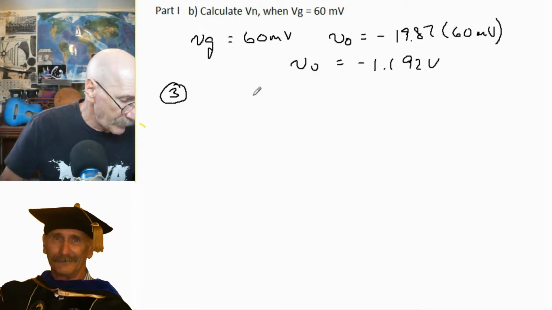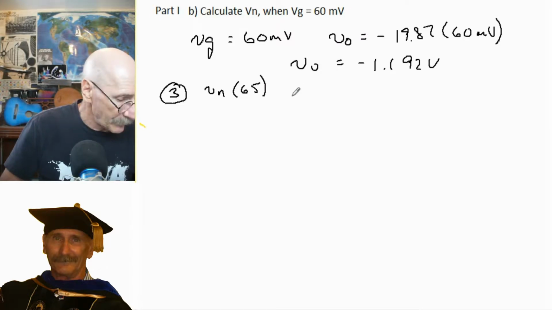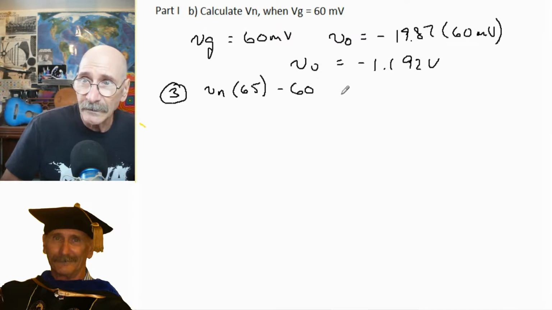We just, equation 3, which is a modification of equation 1, is Vn times 65 minus 60 times Vg minus 3 V out equals 0.